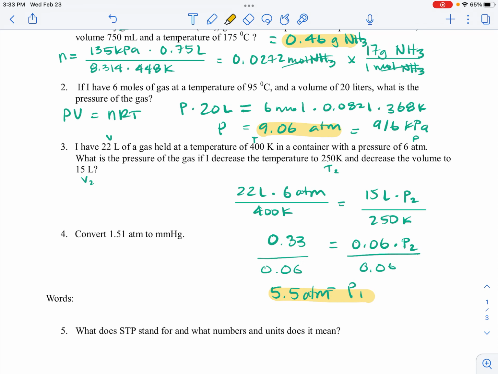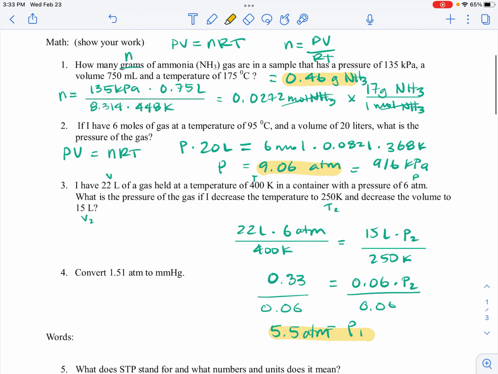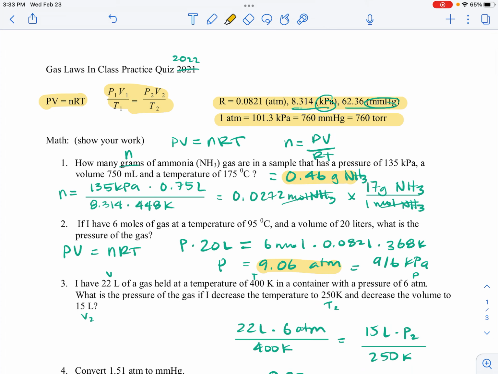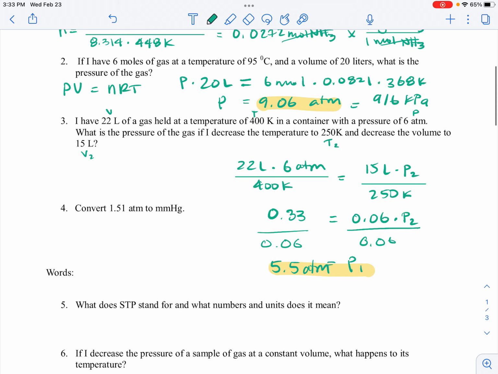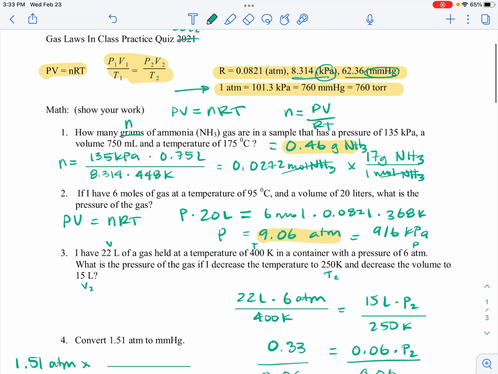In number 4, we're going to convert 1.51 ATM to millimeters of mercury. That's where you're going to use this chart right here. That row of equal numbers allows you to convert between any pressure. So if I start with 1.51 atmospheres and I want to convert that into millimeters of mercury, I say that 1 atmosphere is equal to 760 millimeters of mercury.